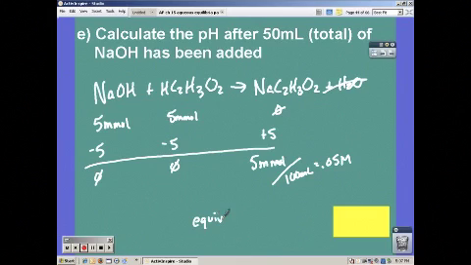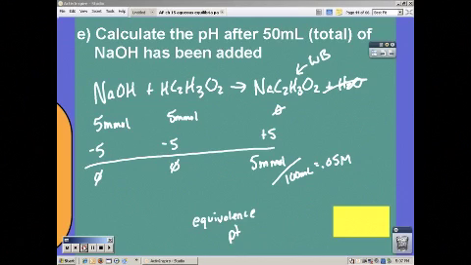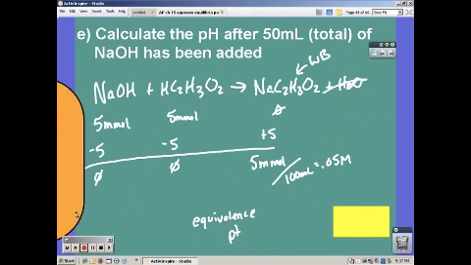We need to find the pH of our sodium acetate. So you find your concentration, and you need to find out how much of that sodium acetate is going to break up. So you need to set up an ice table. And because it's a weak base, you're going to need the Kb.